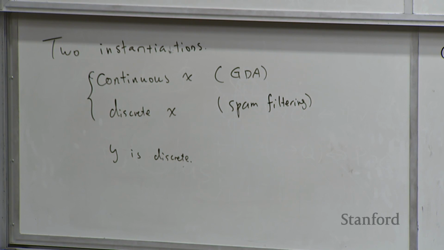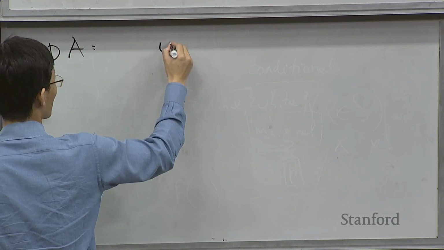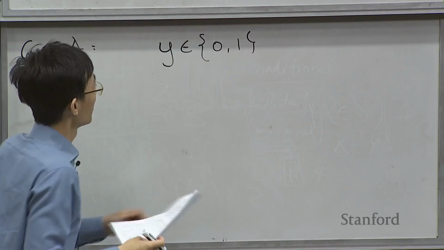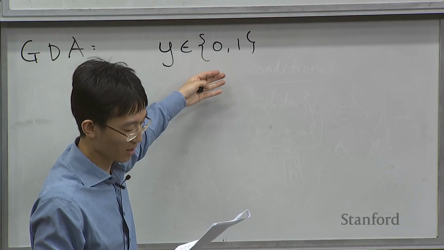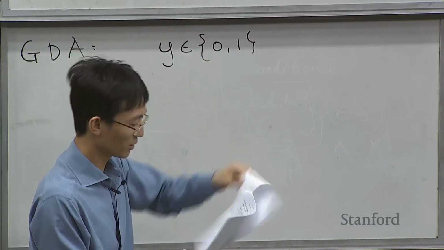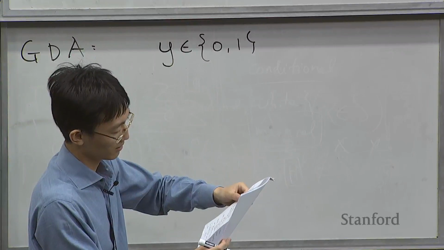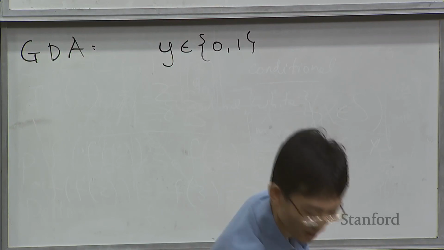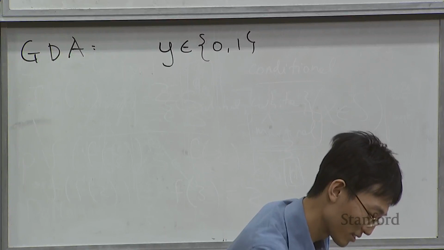So as I said, y is discrete, and we are only going to assume that there are two labels, 0 and 1.